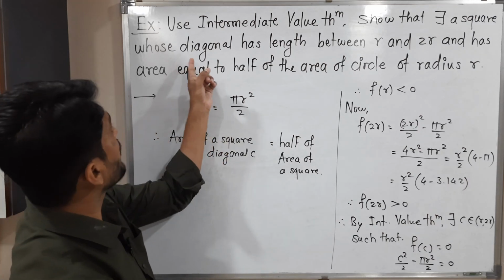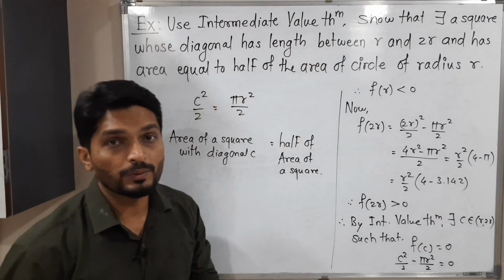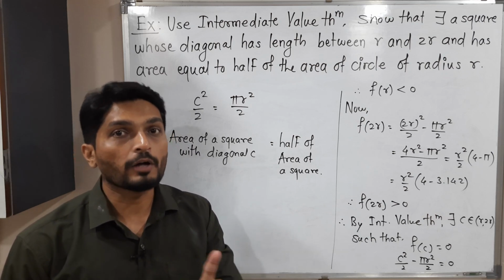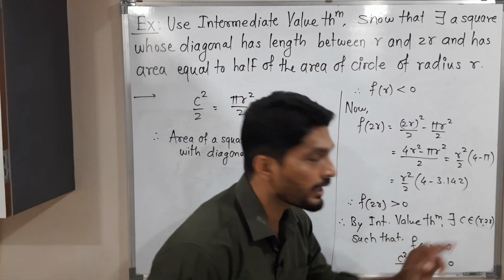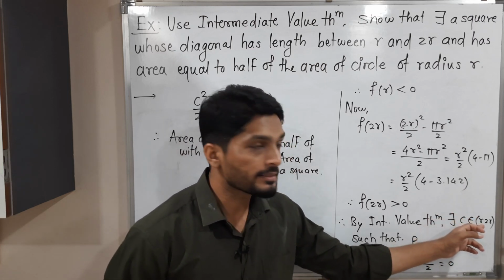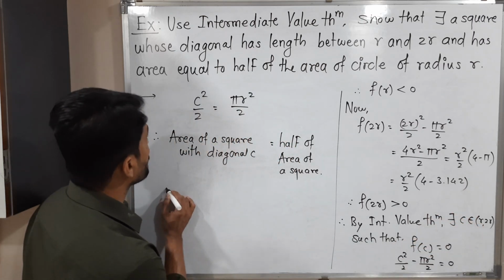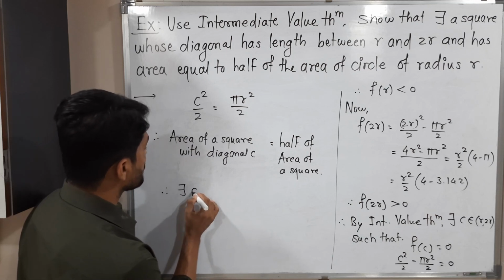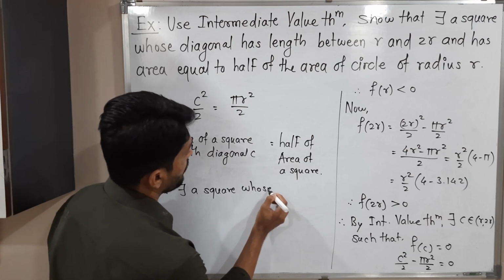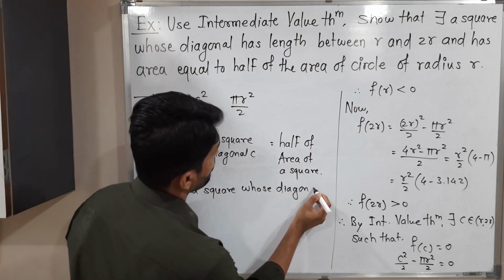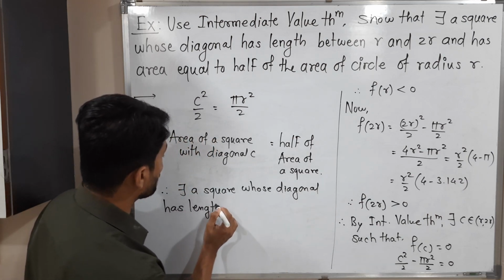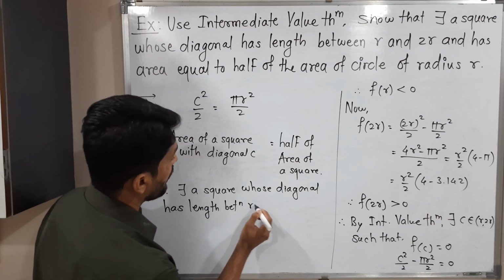See, there is one more thing, the diagonal has length between r and 2r. So we need to give a guarantee that the diagonal of that square must be from r to 2r. So here c belongs to this interval, that means 101% diagonal c is greater than r and it is less than 2r. So let me mention, therefore there exists a square whose diagonal has length between r and 2r.